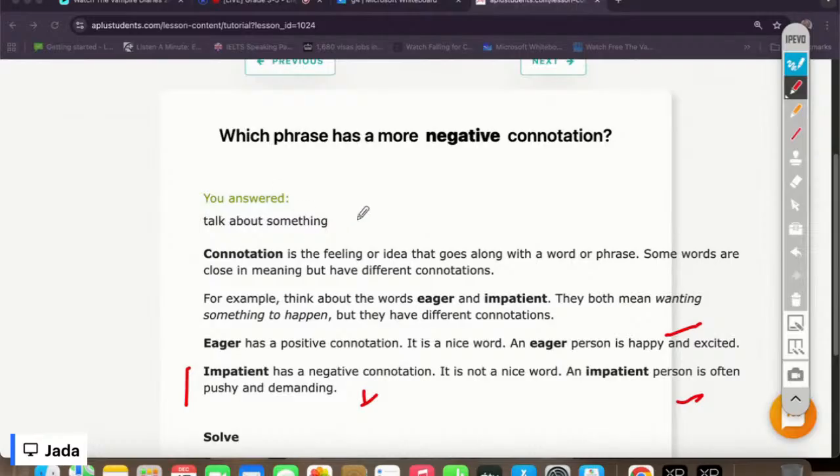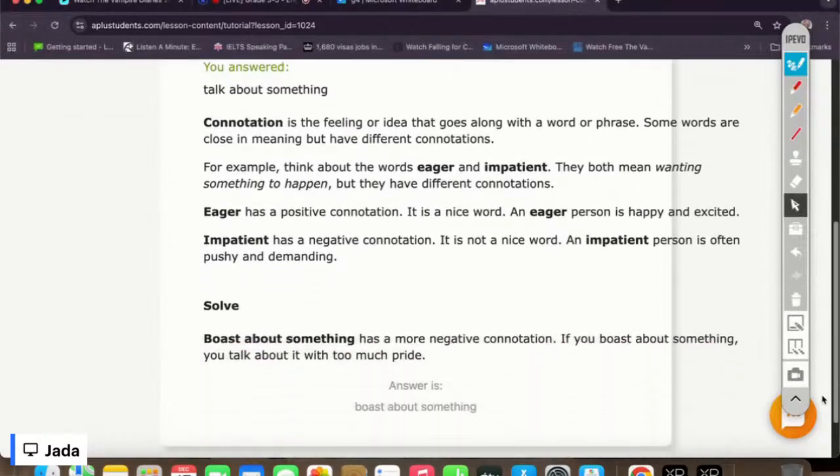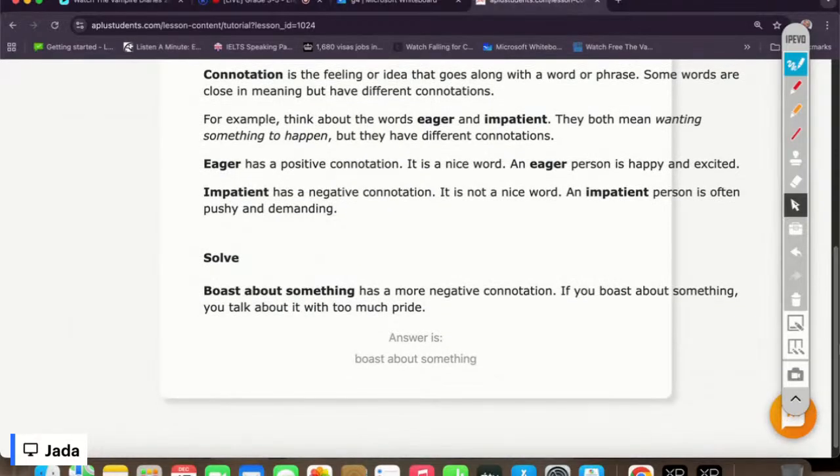Okay. So which phrase has a more negative connotation? So we have boast about something as more negative. When you're boastful, it's like you have pride, okay?